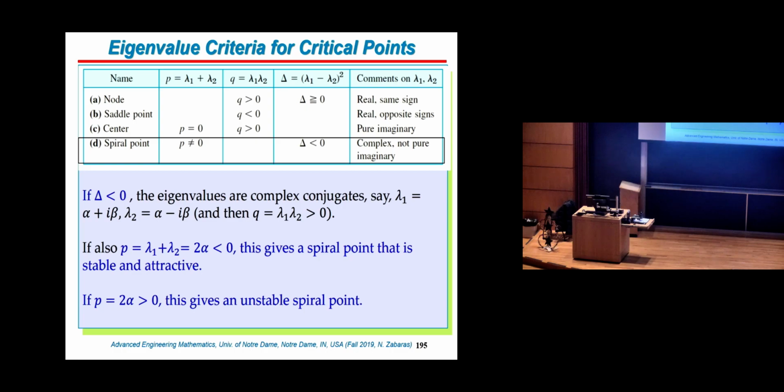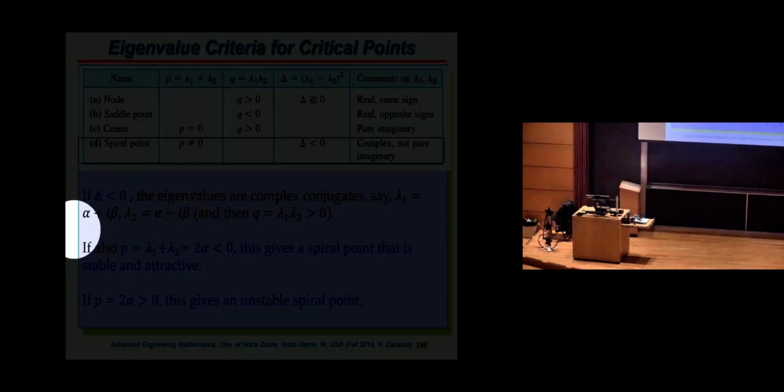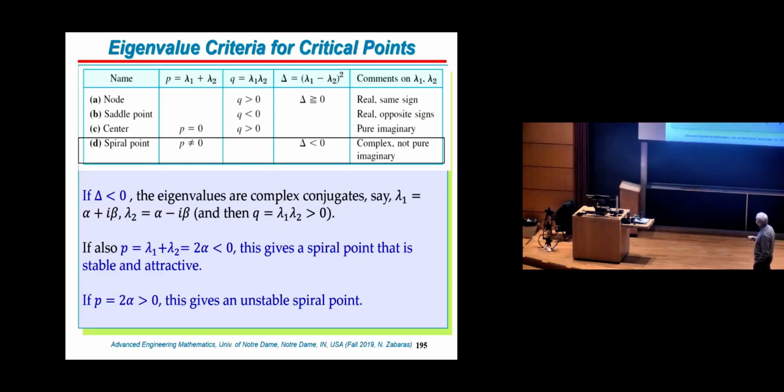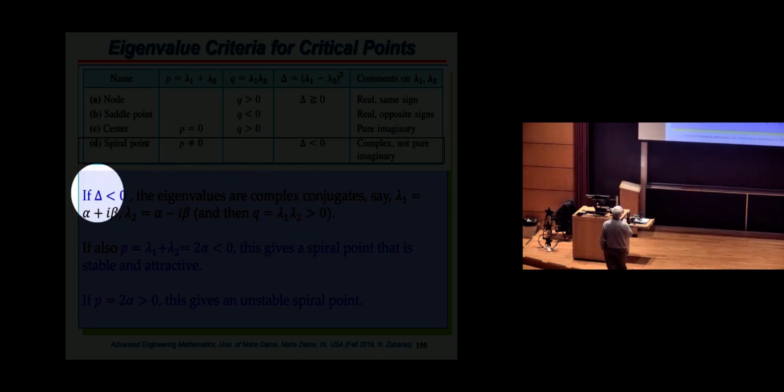They are complex eigenvalues, so they are of the form A plus iB and A minus iB because they come in conjugate pairs. And also if you take the product, lambda 1 lambda 2, so Q is A squared plus B squared, so it's greater than 0. So this immediately implies that Q is greater than 0. Now, if you sum these two eigenvalues, the imaginary parts cancel out, so you get 2A.